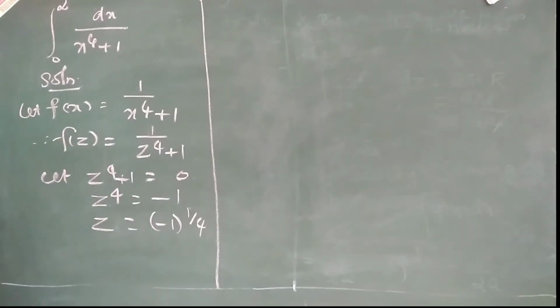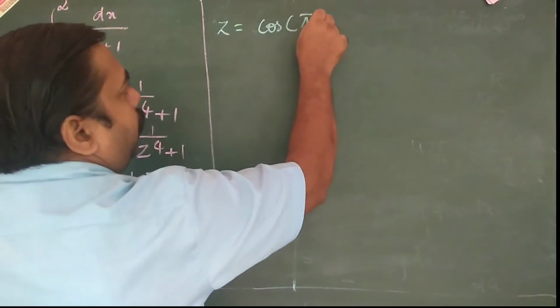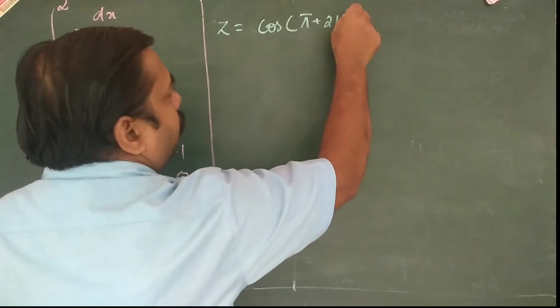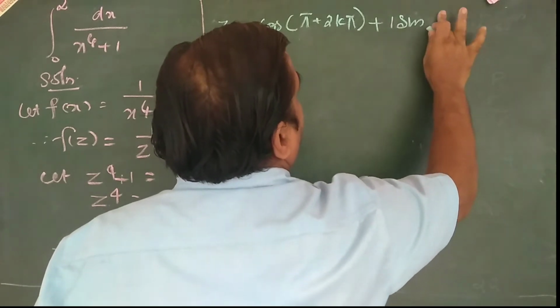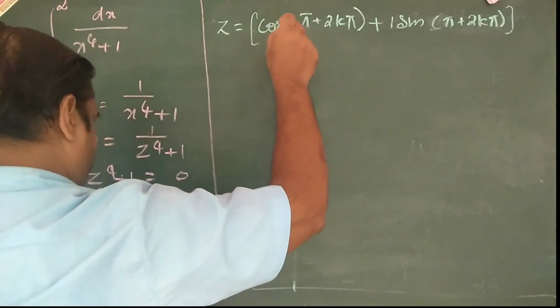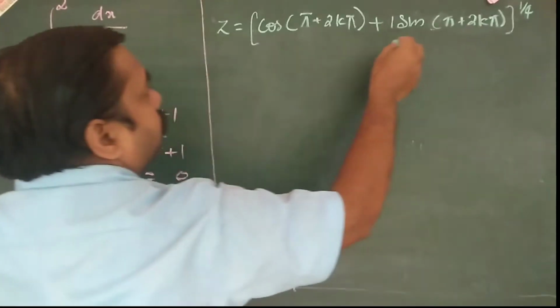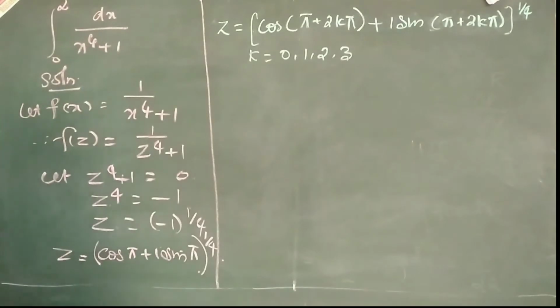So what is minus 1? Minus 1 is cos pi plus i sin pi. So z is equal to cos pi plus i sin pi, that is pi plus 2k pi, plus i sin pi plus 2k pi, whole power 1 by 4, k equal to 0, 1, 2, 3.